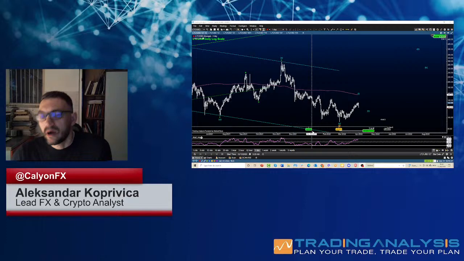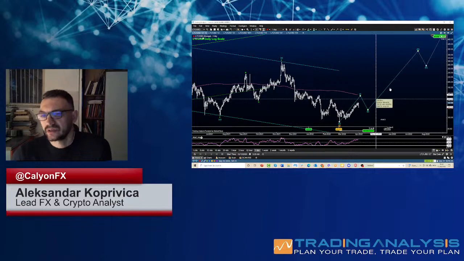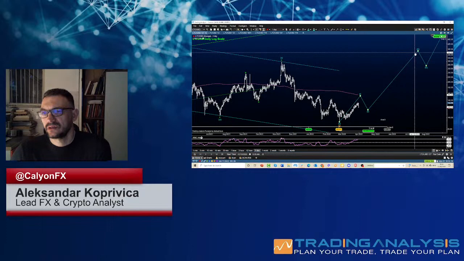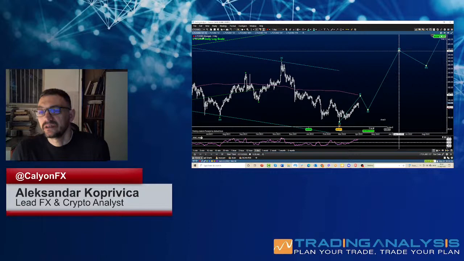If I see 5 waves up in some type of leading diagonal or anything else, definitely I will be ready to test some of the levels and maybe put some small capital on it and then increase it as it goes further higher. So as I said, always do step-by-step risk management and increase your convictions as the pattern evolves and develops.